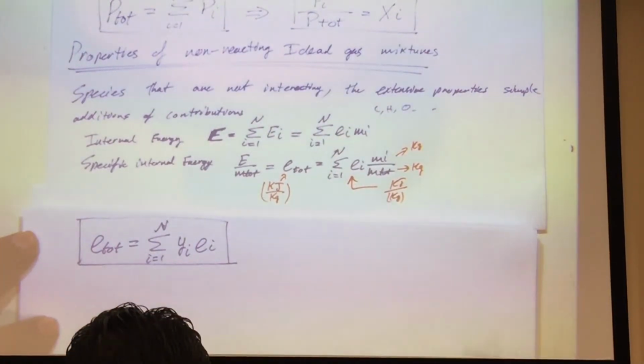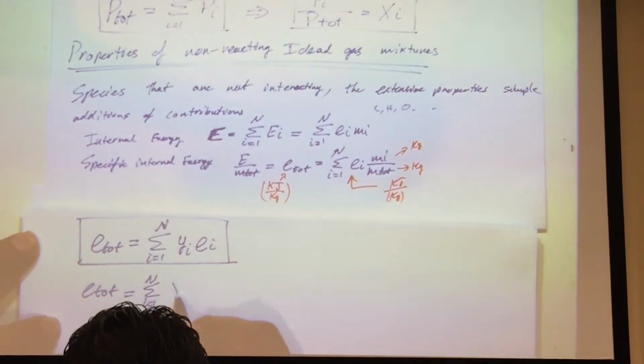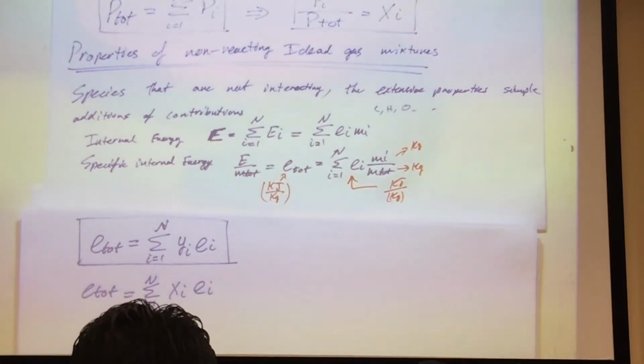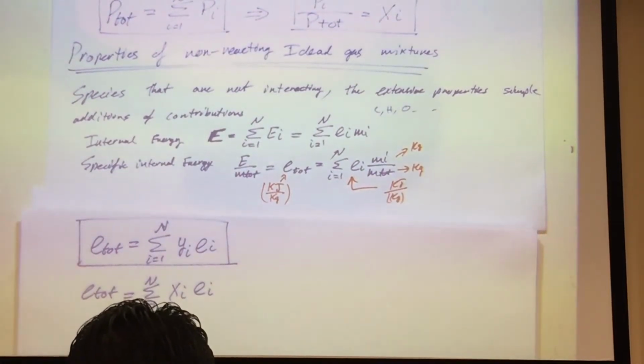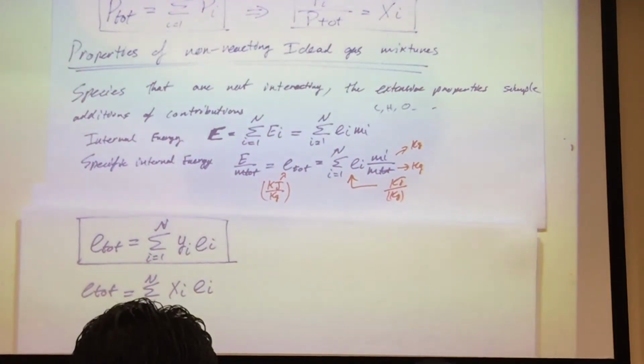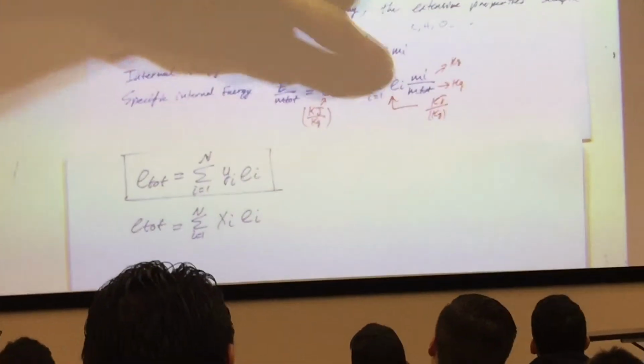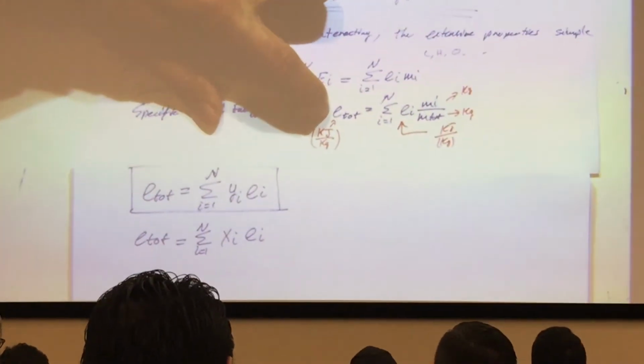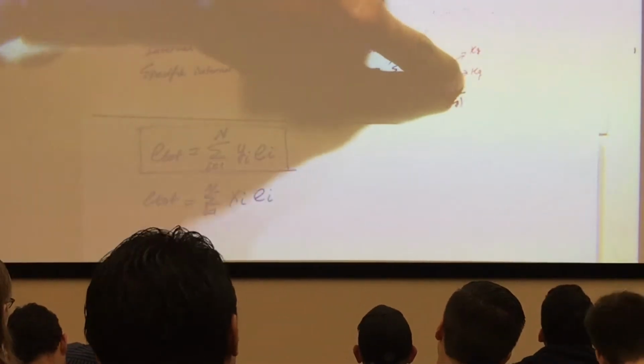And I could write the same e total is equal to the sum, i equals 1, mass fraction. Do the units check out? The units are, this is in kilojoules per kilogram, this is kilojoules per kilogram. This is kilograms per kilogram.